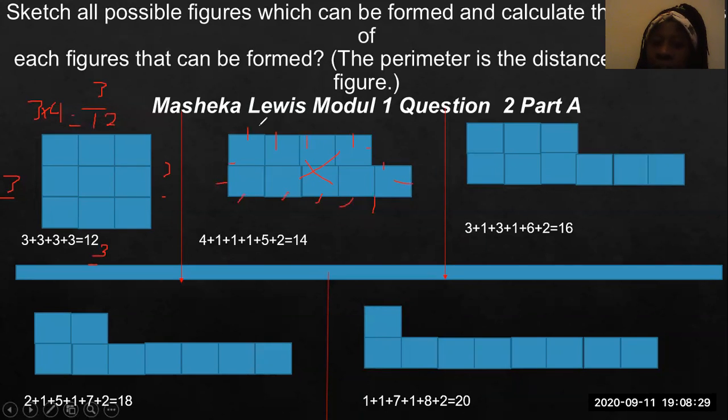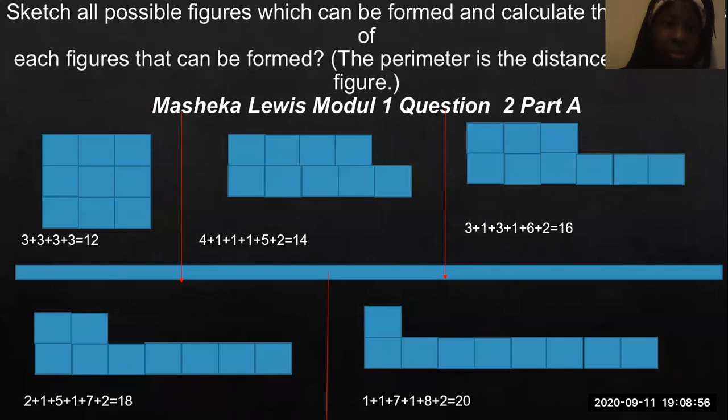If you multiply 4 times 1 times 1 times 1 times 5 times 2, that will equal 40. And 40 is totally different from the perimeter of 14. So you'll end up getting the area instead of the perimeter if you do it with a shape that does not have equal sides.